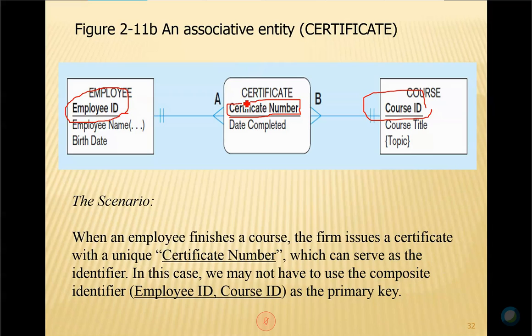Okay, like this one, it doesn't really matter to me. For the social entity, it doesn't really matter. You can name it, for example, certificates, or I can name it as employee and course.